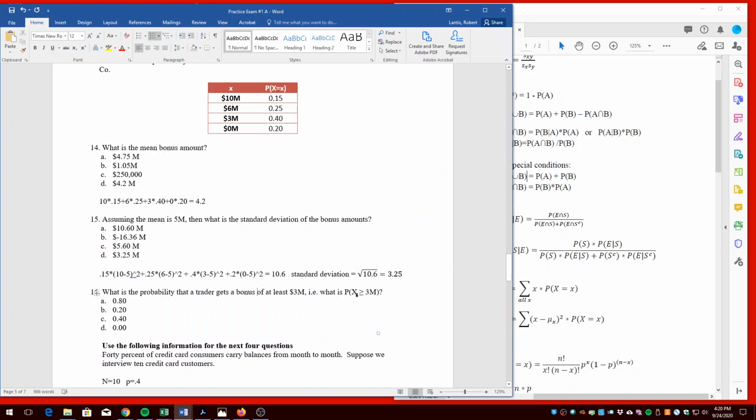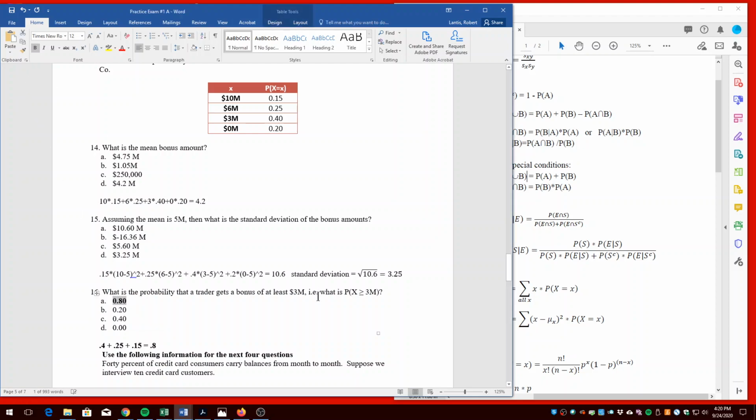So 3 million or higher, I'll take the probability of 3 million, add that to the probability of 6, and then add that to the probability of 10. So it'd really just be adding up these three values. So 0.4 plus 0.25 plus 0.15, which should give me 0.8. Right?